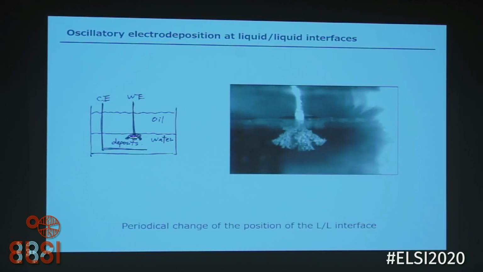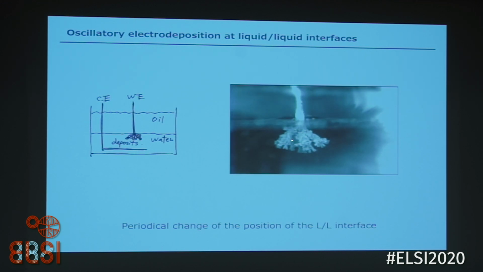This is interesting. Another example. In this experiment, the electrode deposition occurs just at the interface of oil and water. The working electrode is put here, and just the tip edge of the working electrode touches the interface, so electrode deposition occurs right at the interface.